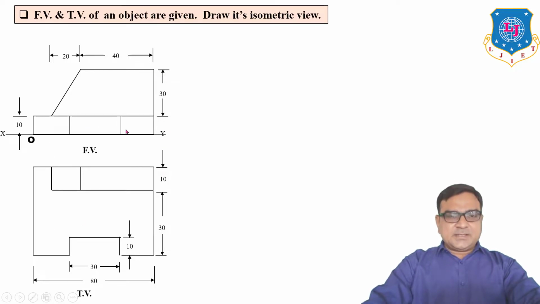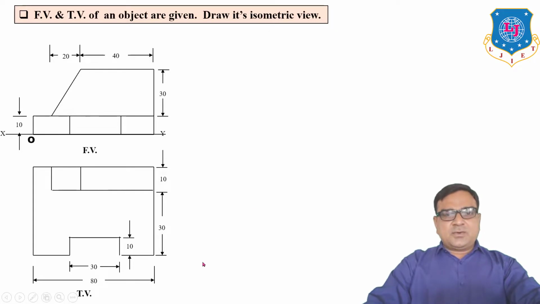This is the base, the front view of the base, and the top view of the base. This is the front view of this plate or block, and its top view is represented here. There is one slot you can see in the top view, and the front view of that slot is here.